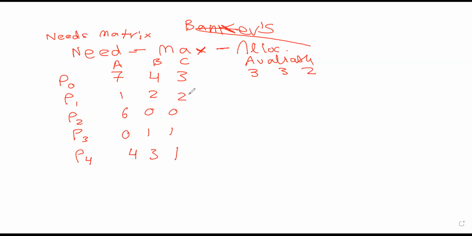And so I'm going to ask myself about process 1. Hi, process 1. Is there any way that you can satisfy my requests? Yes, I actually can, because I already have them. So process 1 is going to go in first. Then my available resources are going to update.